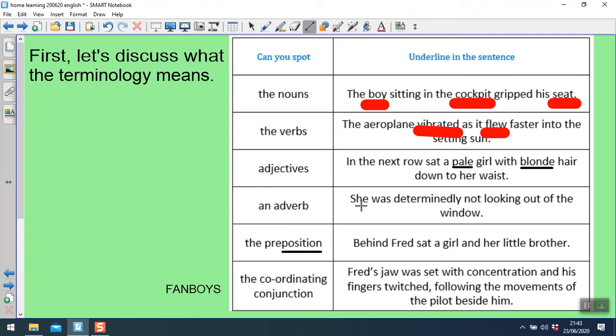She was determinedly not looking out of the window. And here we've got determinedly. Preposition is behind Fred, and the coordinating conjunction is and here. Well done if you got those right.